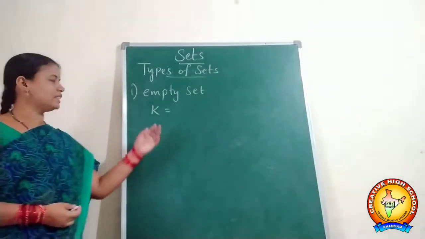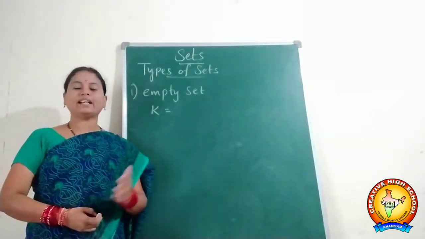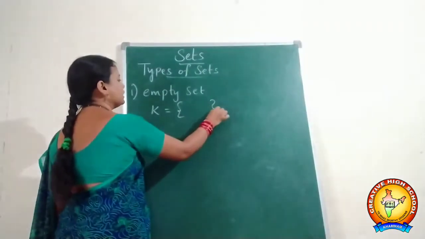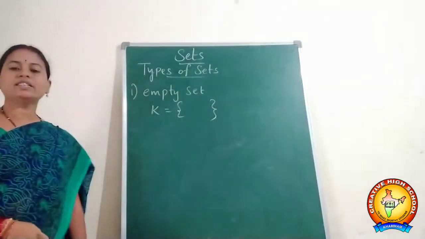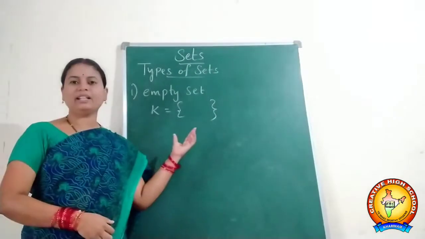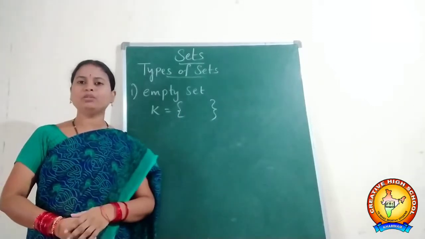K is the set of odd numbers which are exactly divisible by 2. Is there any element like that? An odd number exactly divisible by 2?